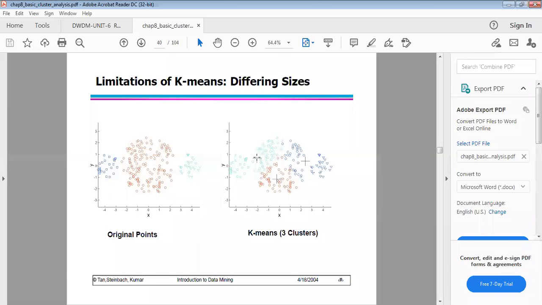Here you consider a particular data point with its nearest data points, and this is the centroid. The nearest data points form another cluster, and here is one more centroid with its nearest data points as another cluster.